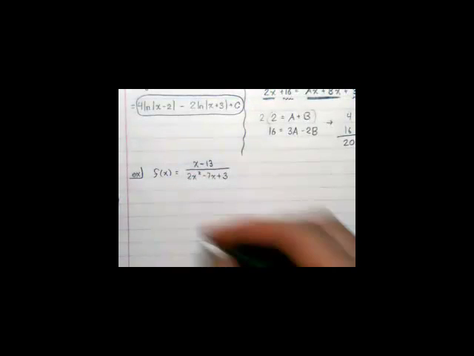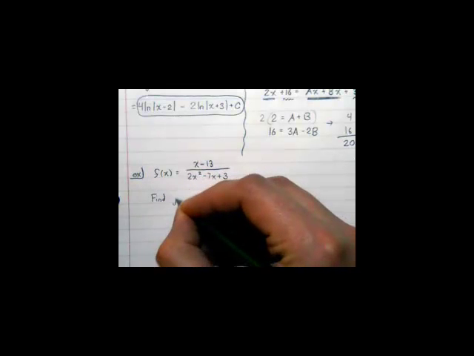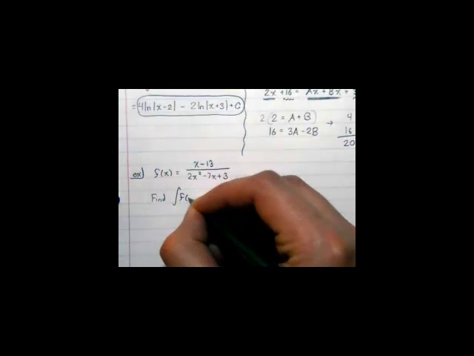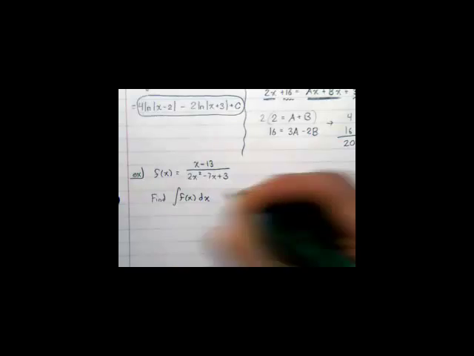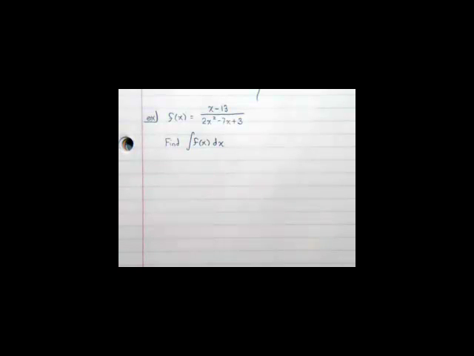All right, and I want to find the integral of f of x dx. Okay, so you guys tell me the steps. Like, you tell me what to do next, and I'll do it. Okay? So what should be the first thing I do here?